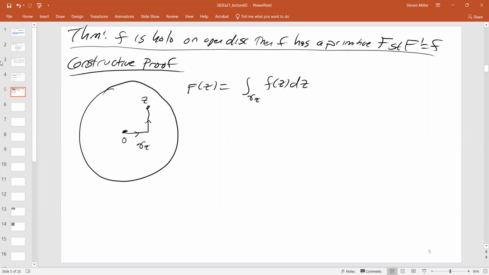Because we know once we have a primitive, then the integral of any function that has a primitive along a closed path is 0. So if we can show this is a primitive, then we get the Cauchy theorem.